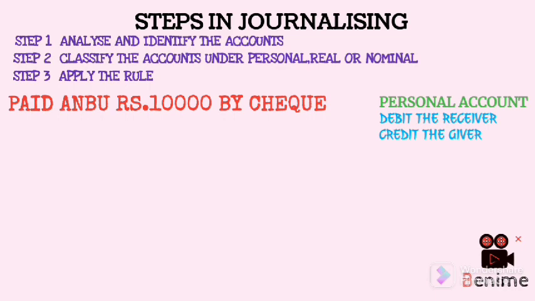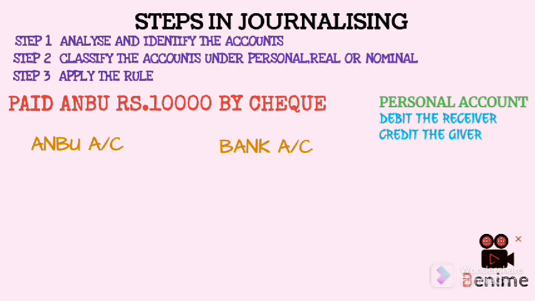So, one is Anbu account and the other one, making payment through what? Through bank. So, bank account. In the transaction, if they mention paid through debit card, credit card, check, NEFT, etc., then it is all about bank account. If paid through cash, then it is cash account. So, one is Anbu account and the other is bank account.